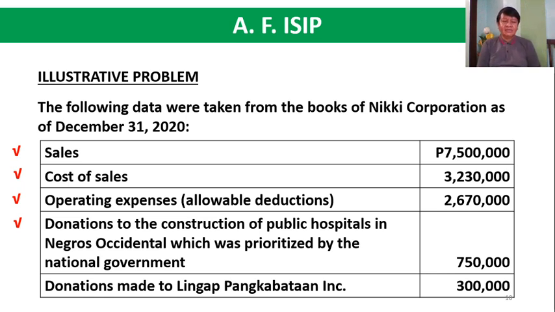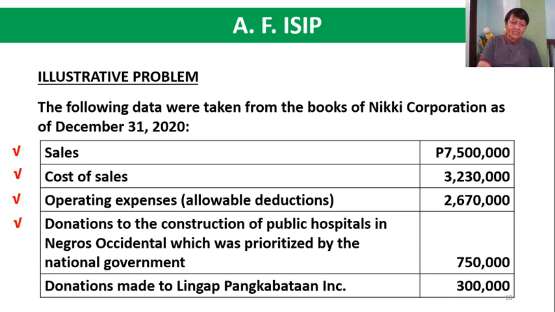What is the ruling of the BIR? If you make a donation to a project which is considered priority by the government, the whole amount of your donation shall be allowed as deduction, 100% allowable deduction. So the whole amount of 750,000 in this case is allowed as 100% deduction.